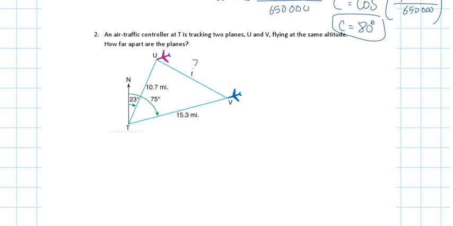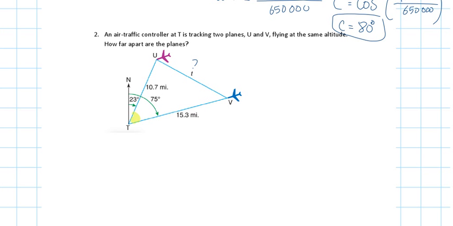So first you have to find angle T. How do I solve for angle T? You see that I don't know what angle T is, right? I know what it is from the north to V, and I know from the north to U. I don't know what this angle here is, and I need that.